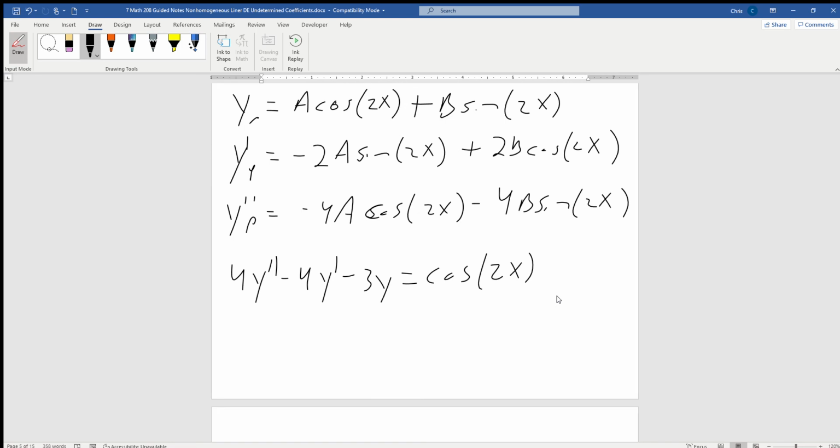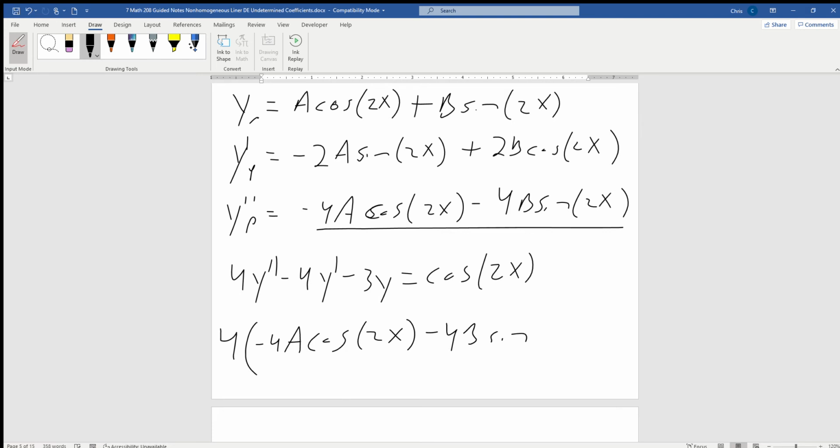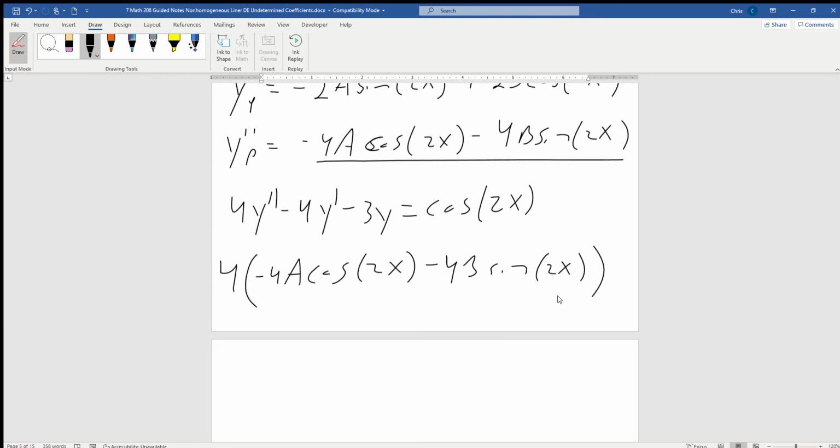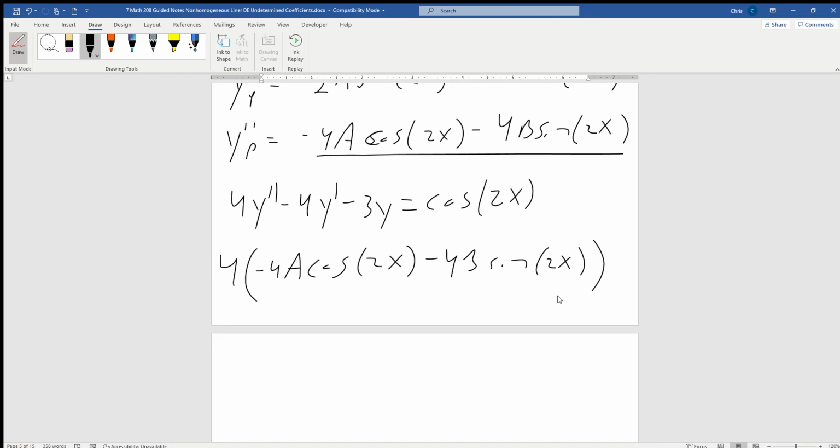All right, so we're going to get 4 times the second derivative. So that's going to be minus 4a cos 2x minus 4b sine 2x. And then we're going to have another minus 4.